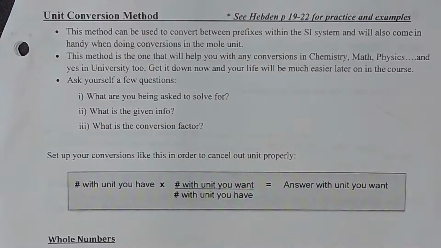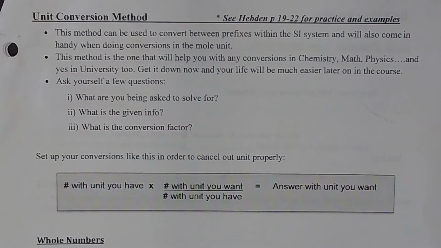This is going to bring us to our conversion factor method, probably one of the most important things in your math toolkit. Sig figs and conversion factors are going to come up on virtually 90% of your questions. If you're good with your conversion factors, you'll be good to go moving forward, not only in chemistry, but physics and later on.